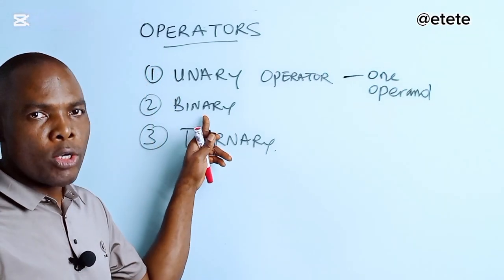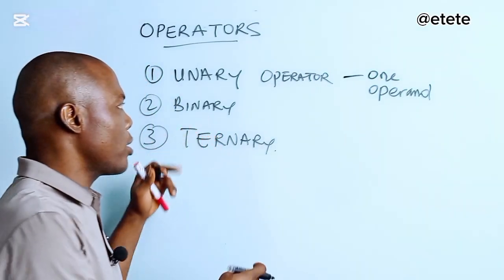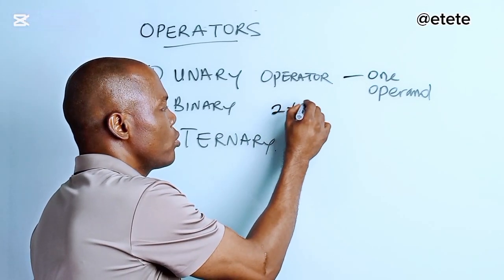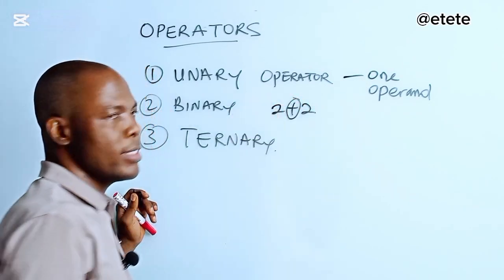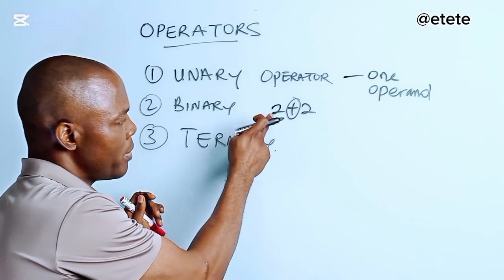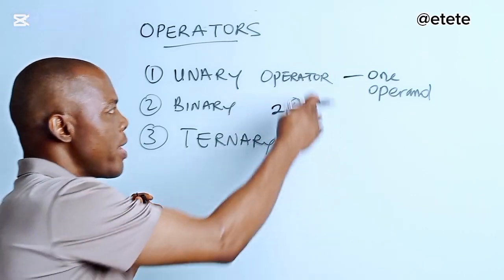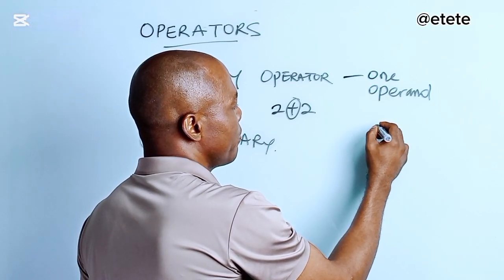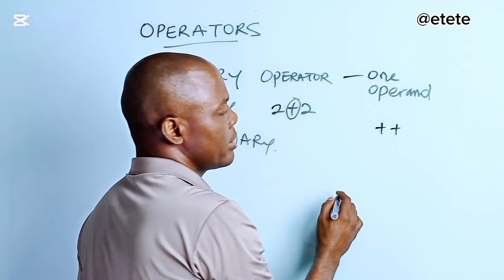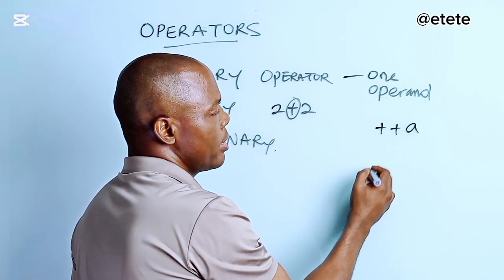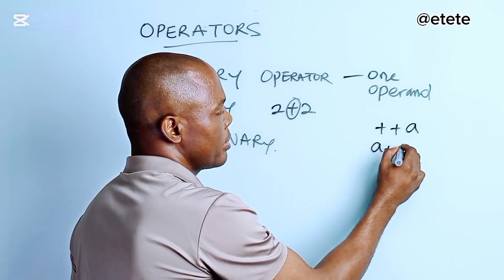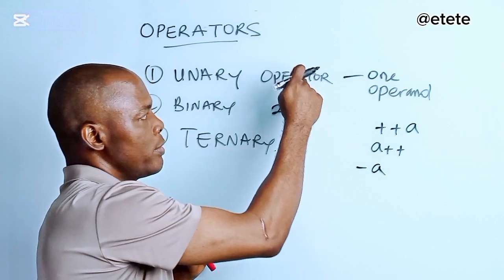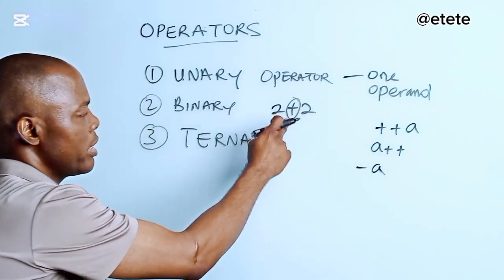Binary will act on two operands, just like your arithmetic operators. So here you have 2 plus 2. This is a binary operator, so it requires two operands, one on this side and one on this side.